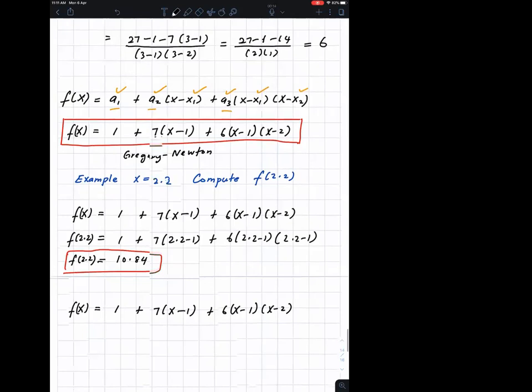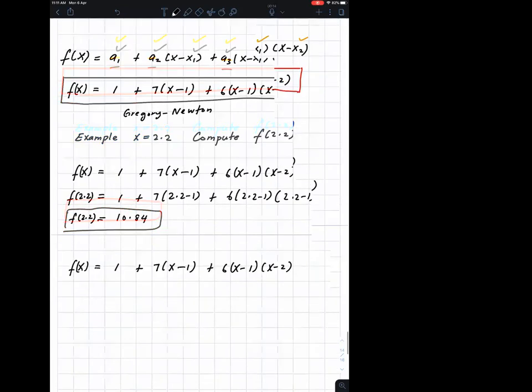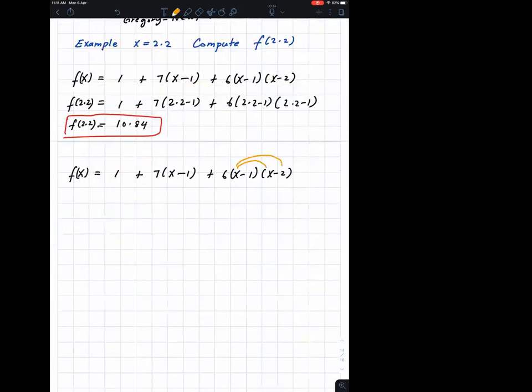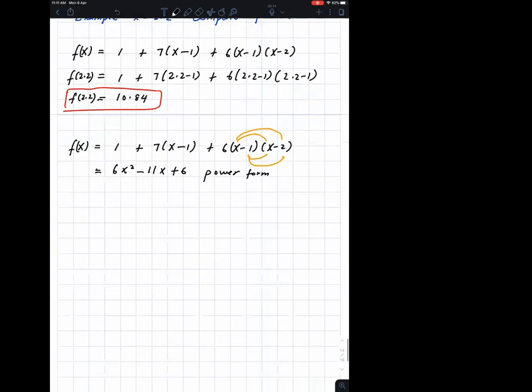We can change this into power form if you multiply them out. When you add them up, finally you will get something like, I don't know if this is accurate or not, 6x squared minus 11x plus 6. This is power form. Okay, that's all for Gregory-Newton.